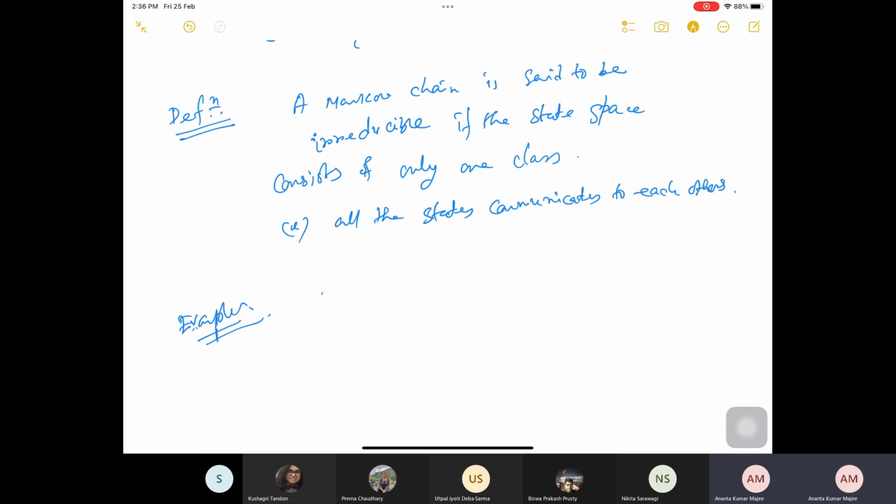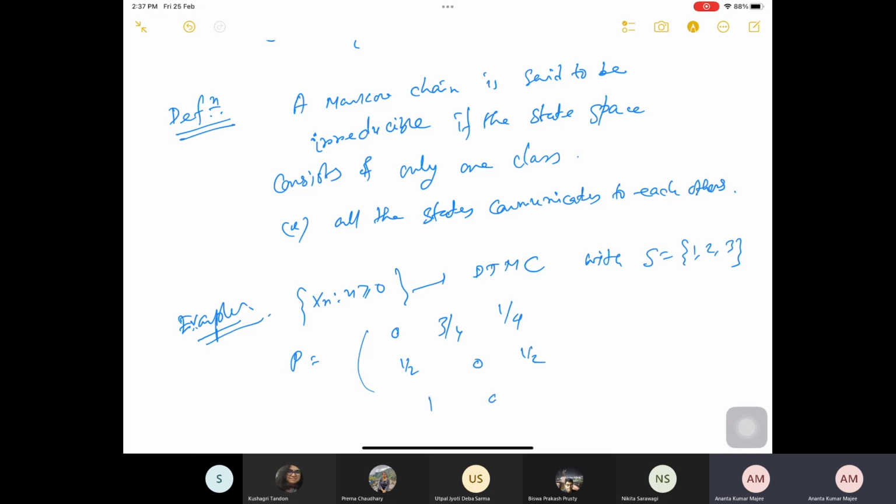So I consider Xn, which is a DTMC with state space, say, 1, 2, 3. And my initial distribution, though I don't need initial distributions here, the transition matrix P I am having, say, 0, 3/4, 1/4, 1/2, 0, 1/2, 1, 0, 0.